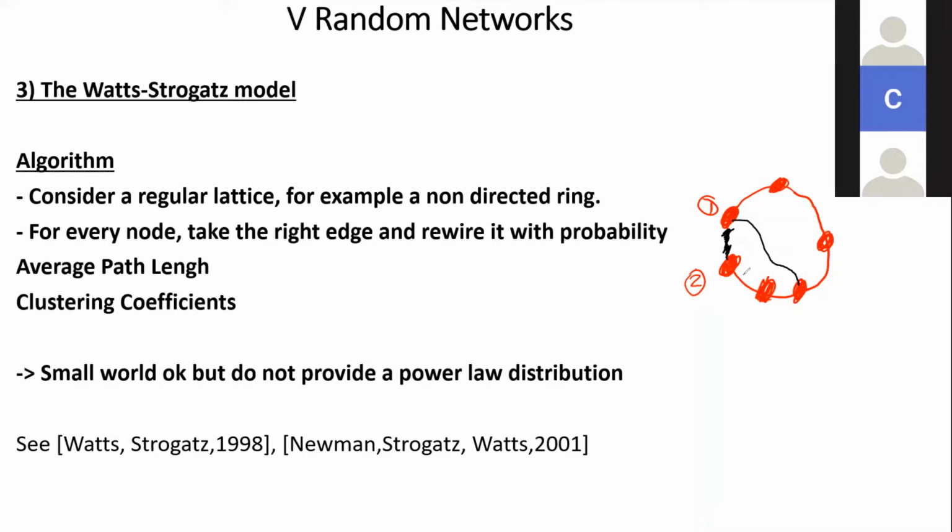Then maybe this one will stay because this edge was not chosen, etc. And then maybe you will drop that one, and maybe you will go like that. And this was published in 1998 in Nature.